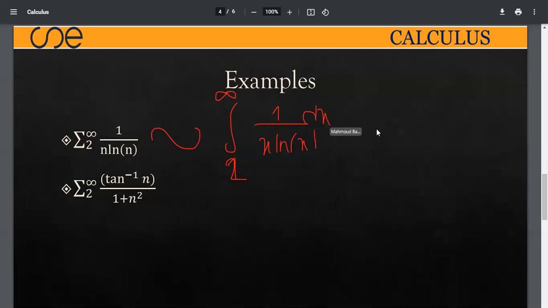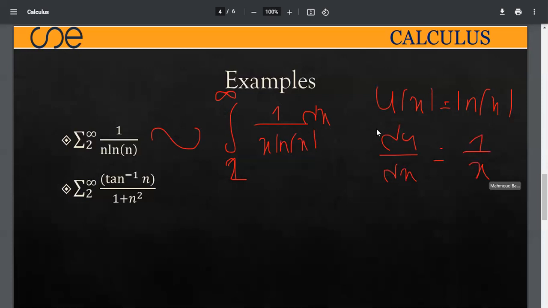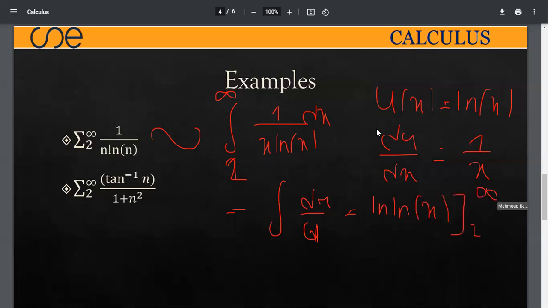We've seen this before. It's easy to solve. We can use the substitution method. If we choose u of x to be ln x, then du over dx will be equal to 1 over x. This means that this whole thing will be equal to the integral of du over u, and it will be equal to ln x from 2 to infinity. We should use a limit to evaluate this.